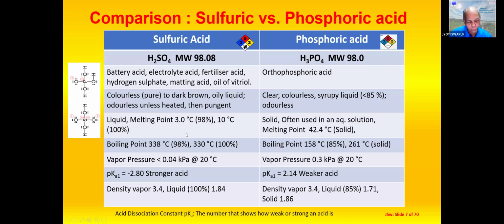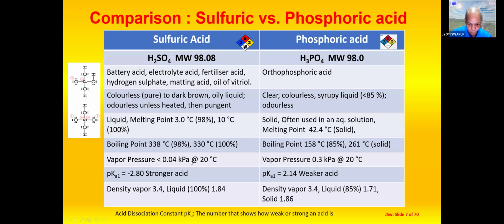Melting point of sulfuric acid is 3 degrees for 98% concentration and 10 degrees for 100% concentration. H3PO4 is solid, often used in aqueous solution, with a melting point of 42.4 degrees centigrade. Boiling point is 338 for sulfuric acid, and 158 for phosphoric acid.